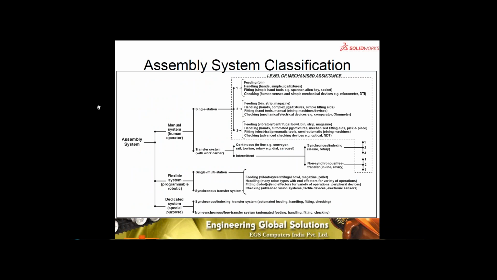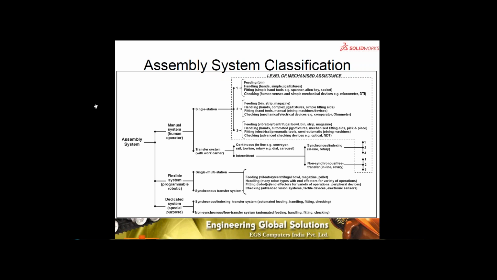The assembly system classification, again a PRIMA system, as you can see over there, could be a manual system wherein the human operators are involved with a transfer system or a single station. It could be programmable robotic flexible manufacturing systems, or it could be dedicated special purpose systems. Depending on the nature of the systems, the classification of the assembly and the decisions that need to be taken thereof are dictated.